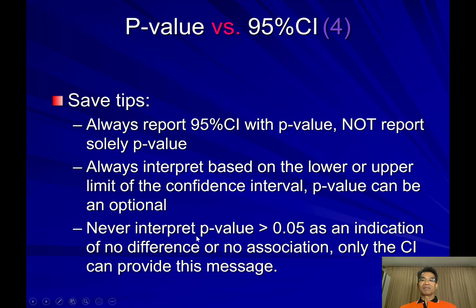Never interpret a p-value greater than 0.05 or non-significance as an indication of no difference, no association, or equal. No, never. We can interpret like that only when the confidence interval is very small, meaning the difference is not meaningful.